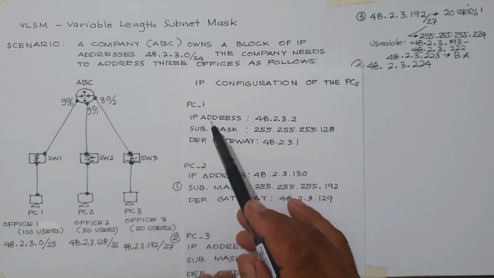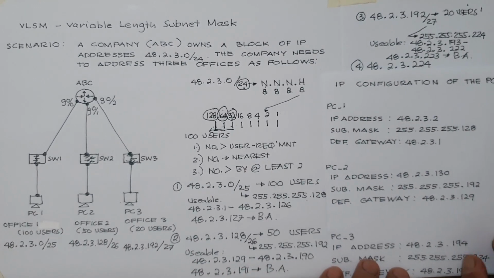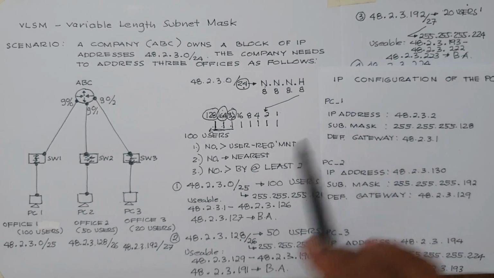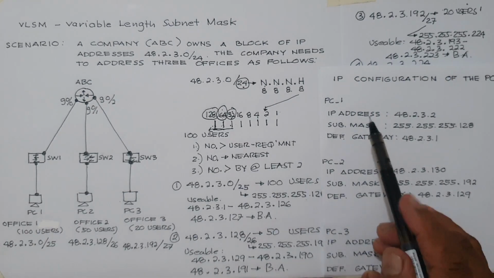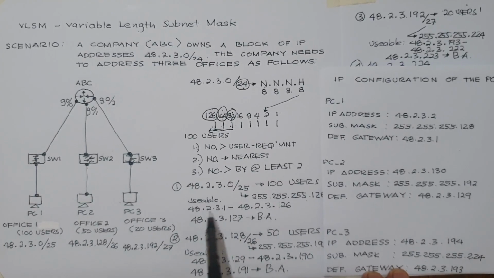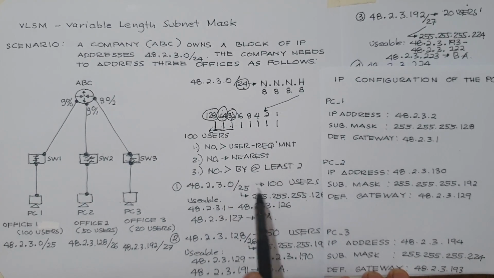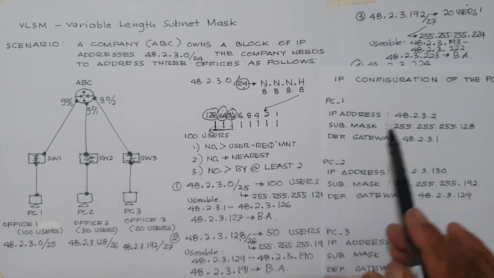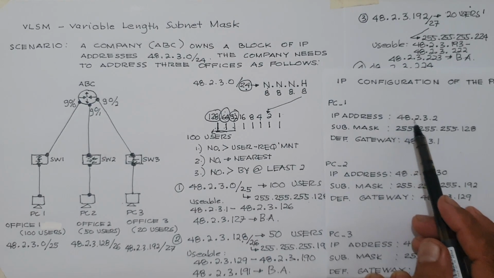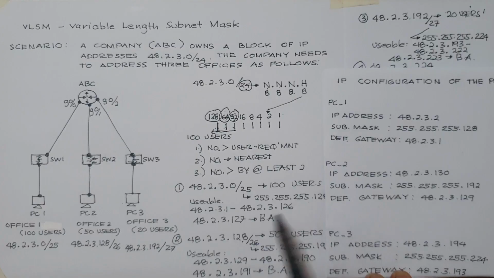Okay, for PC1, let me just place it here. For the first computer, PC1, its IP address will come from the usable range. This is the space for Office 1. So we will configure it with 48.2.3.2.